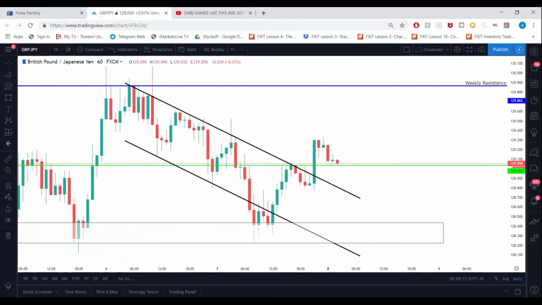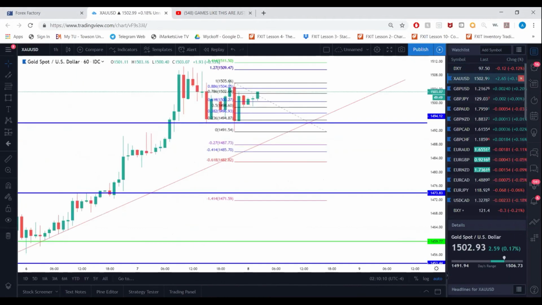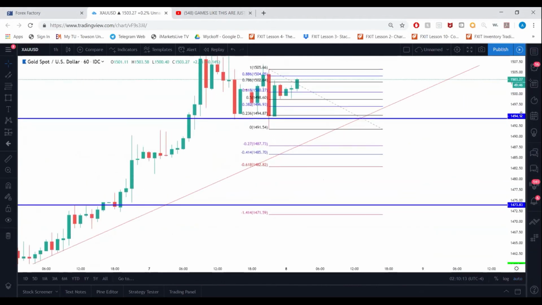Okay, we are officially in GJ now. Let's see what GJ is doing. Oh, I should have kept the buy limit. I didn't keep that one. Going up. Let's see what gold is doing.